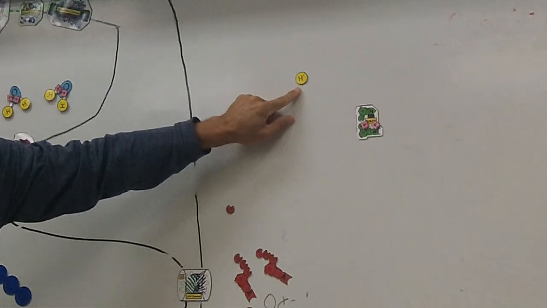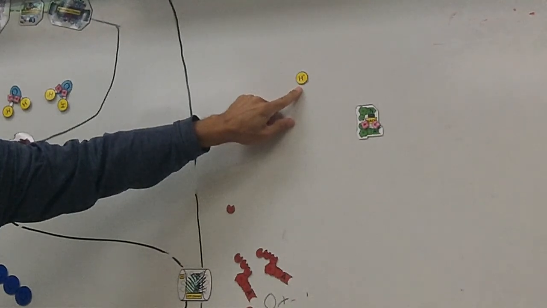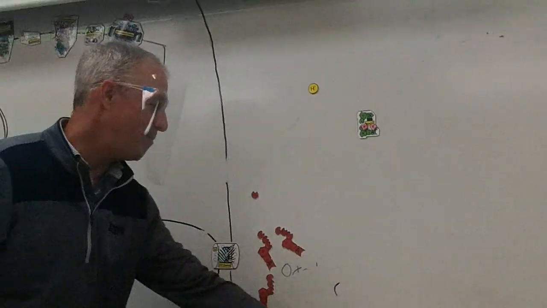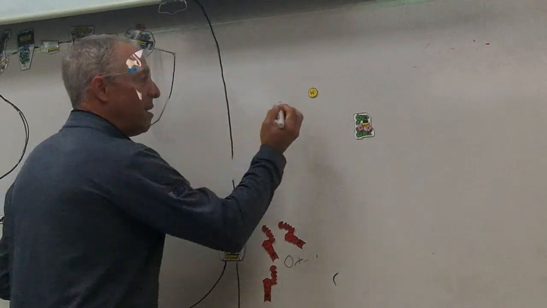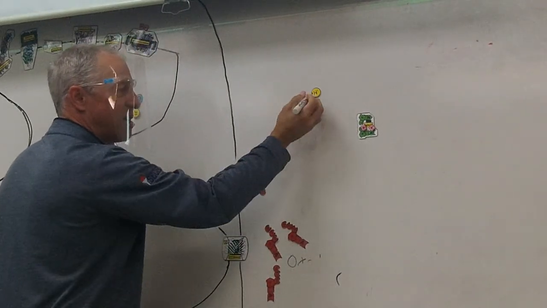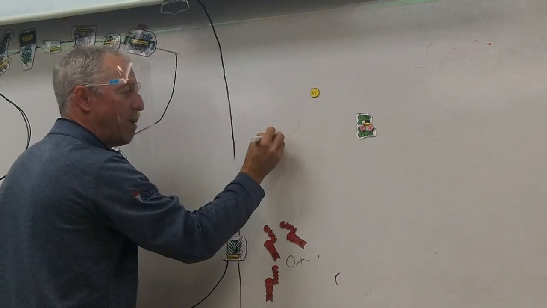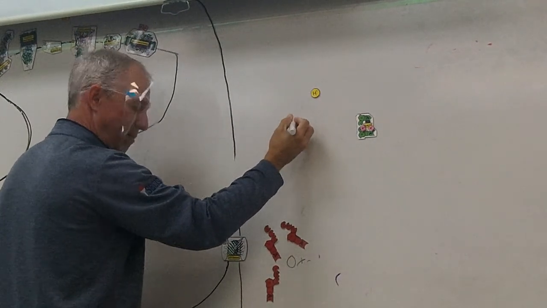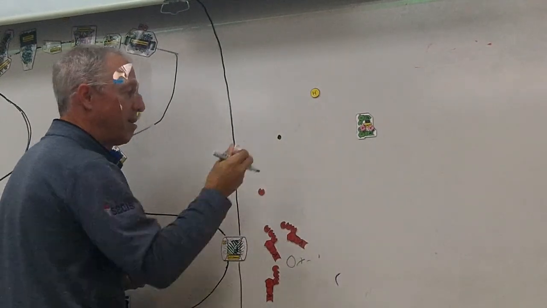Andrew's on the science bowl team, so he knows. A hydrogen ion is a proton. They're the same thing because a hydrogen atom has one proton and one electron going around it.